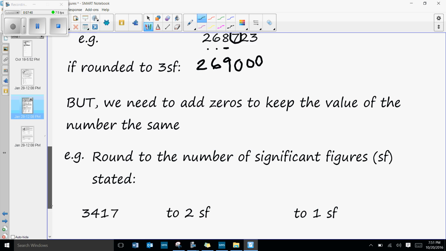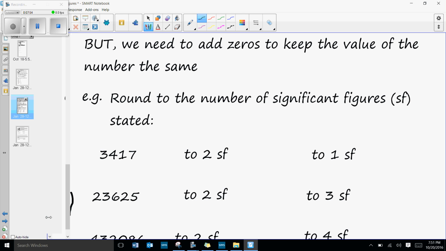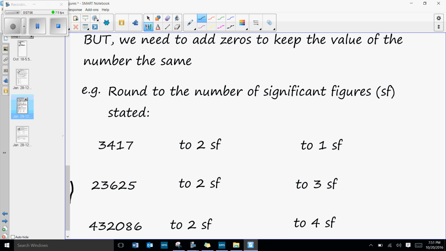So, these examples. 1, 2. Look to the right. It's a 1, so it would become 3, 4. We need to make sure we have the same number of digits, so we would need 2 zeros as placeholders for this example.